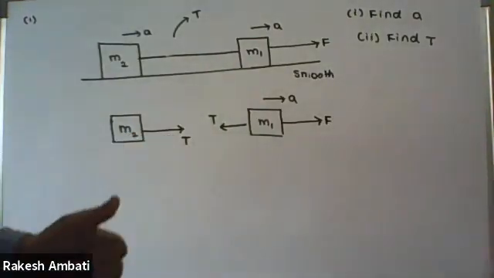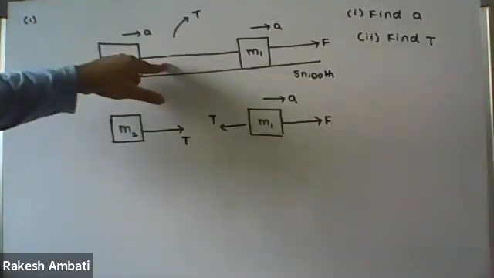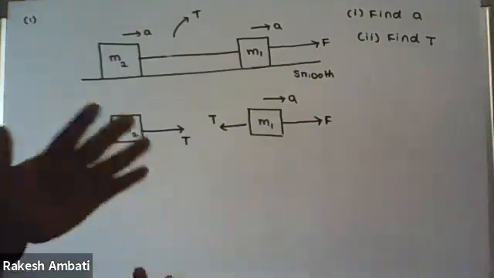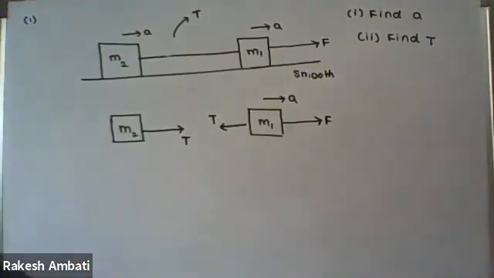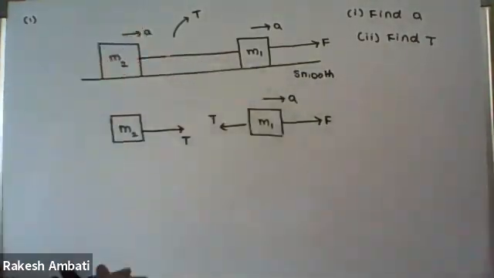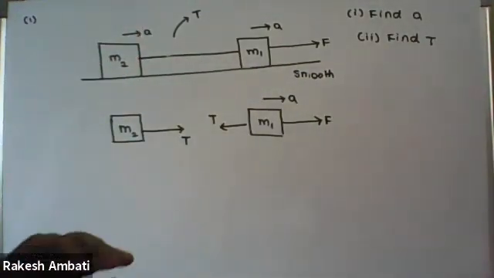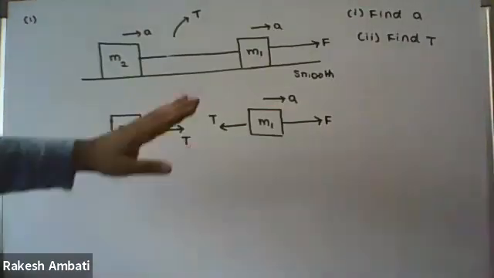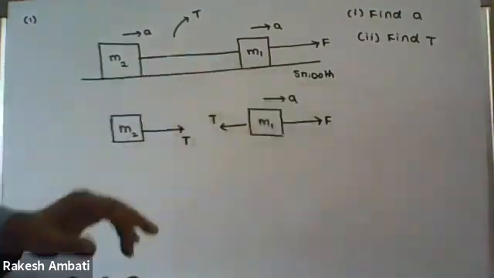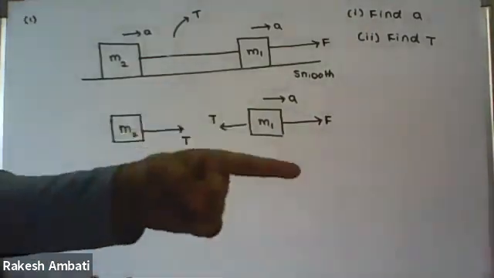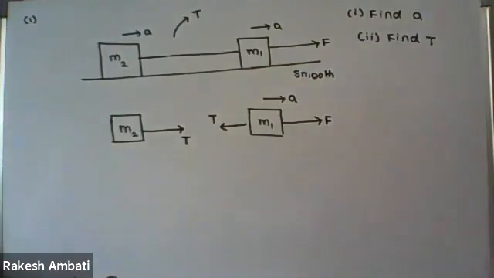Same, because what type of string are we taking? Ideal string. In the question, whether it is mentioned or not mentioned, we always have to assume an ideal string. In the case of an ideal string, the tension force at all points will be the same. For example, maybe you have a question: if tension forces are different at different points, definitely the string may elongate or compress, or not?